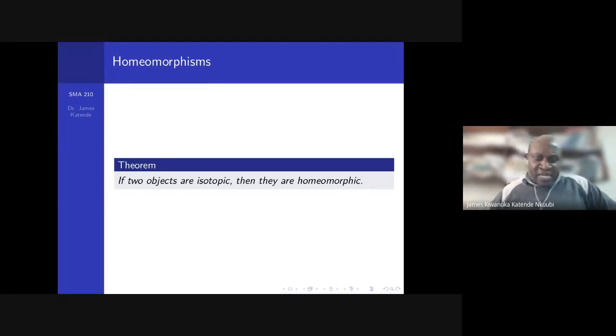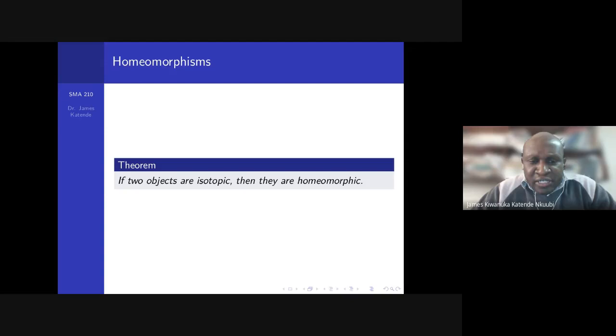So earlier on, we learned about isotopic objects, and today we have also learned about homeomorphic objects. Now, two objects are said to be isotopic if one can be transformed into the other by using a finite set of continuous transformations.